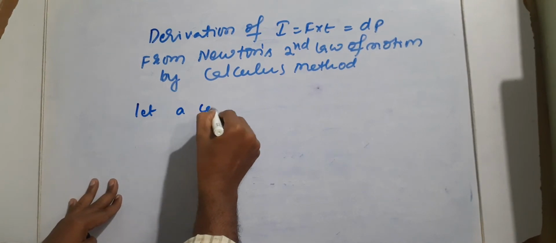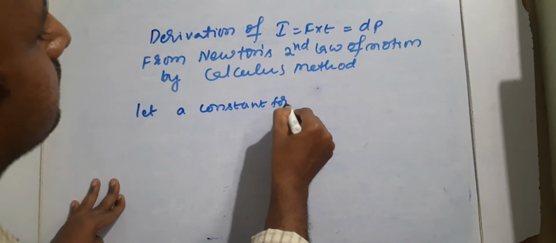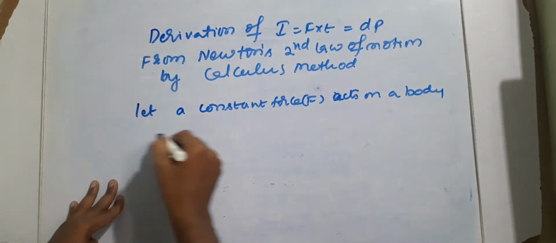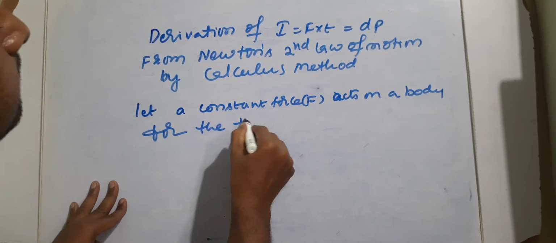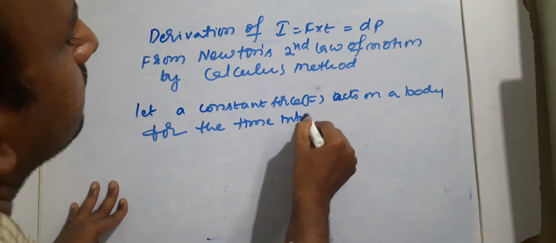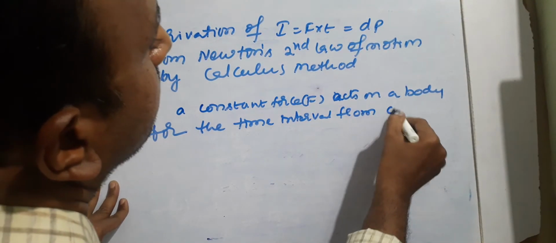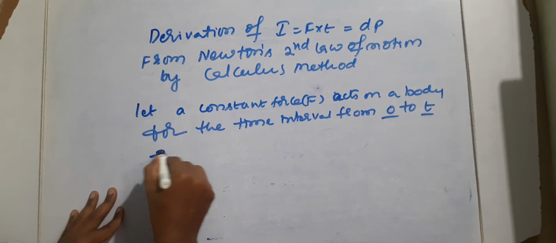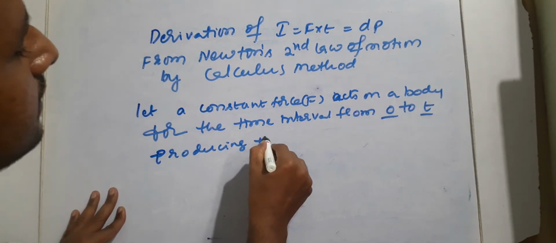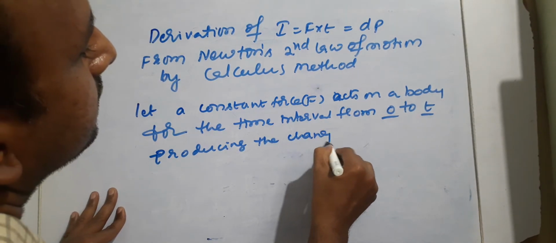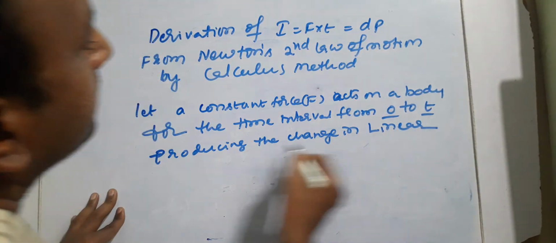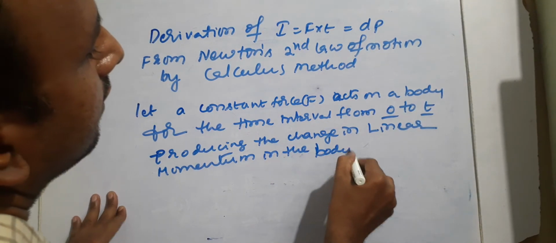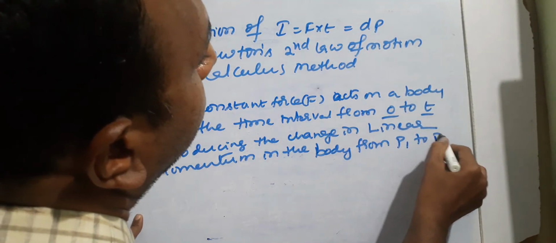So now let a constant force, capital F, act on a body for the time interval from 0 to t seconds, producing the change in linear momentum in the body from P1 to P2.